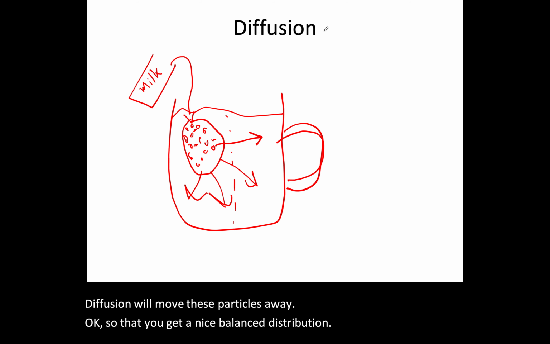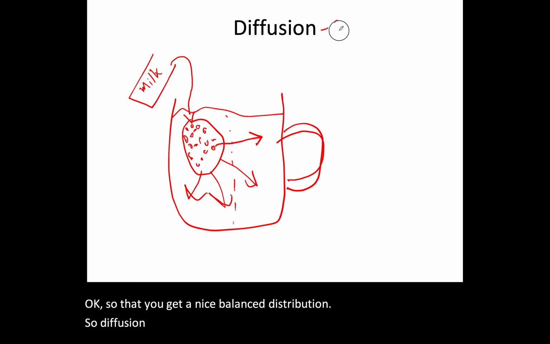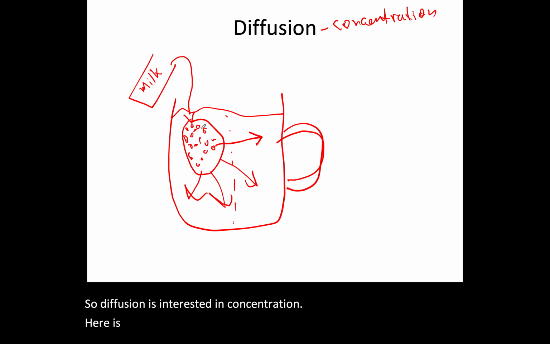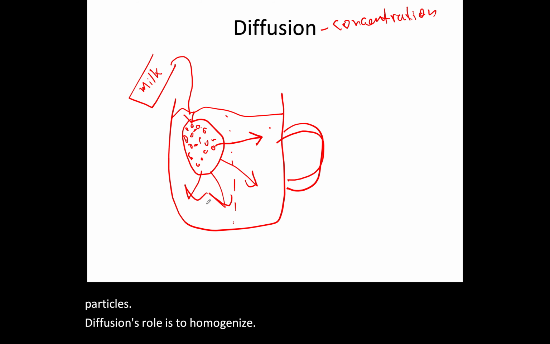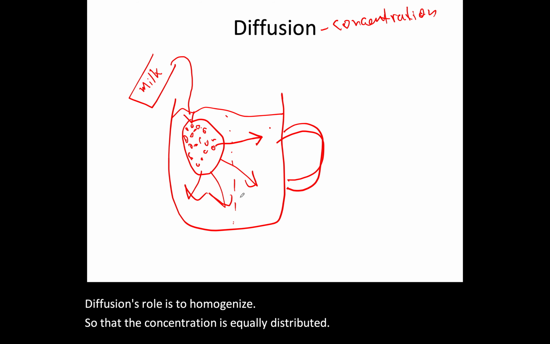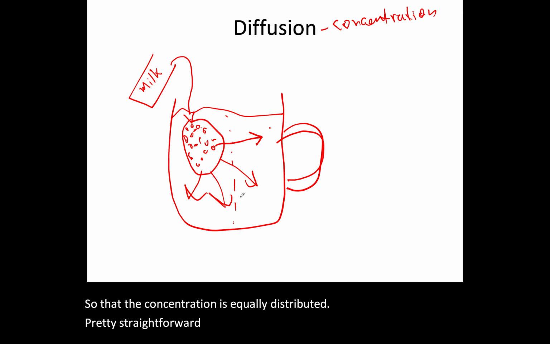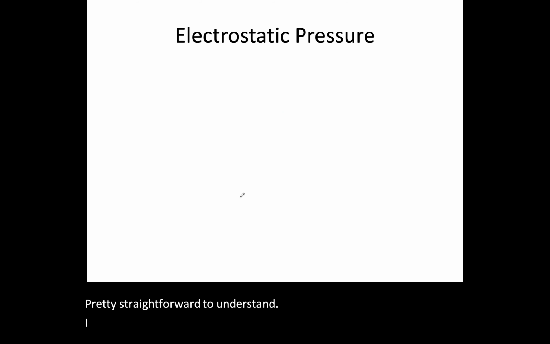So diffusion is interested in concentration. Here is a high concentration of particles, here is low concentration of particles. Diffusion's role is to homogenize so that the concentration is equally distributed. Pretty straightforward to understand. I think equally straightforward to understand is the electrostatic pressure.